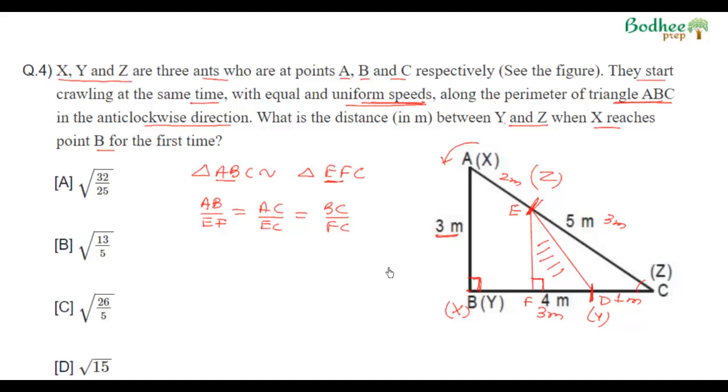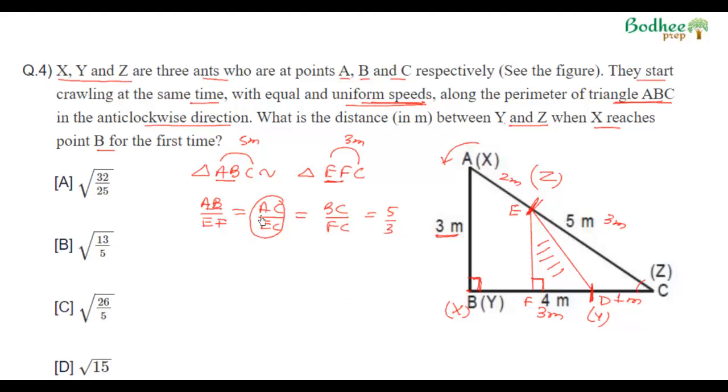A point to note here is that the length of EC is 3 meters, and in this triangle the length AC is 5 meters. So clearly EC and AC are in the ratio 3:5, correct?